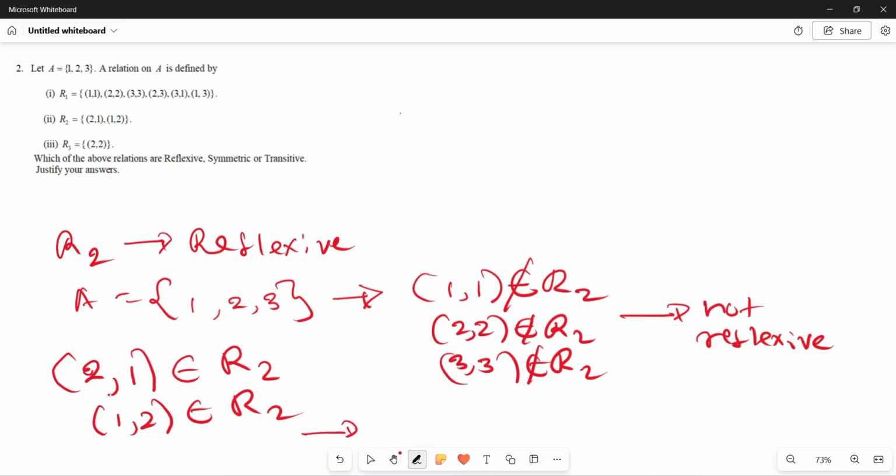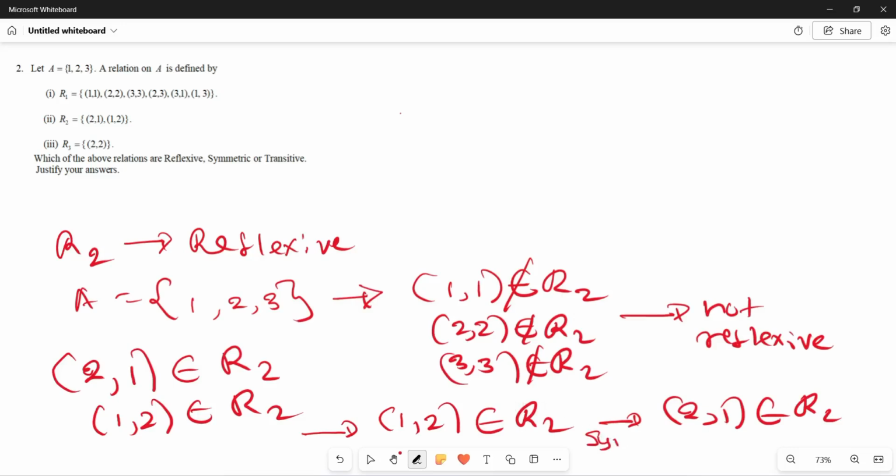Now 1 comma 2 is in R2, check its reverse, 2 comma 1, which also belongs to R2. Since both conditions are satisfied, you can say it is symmetric.